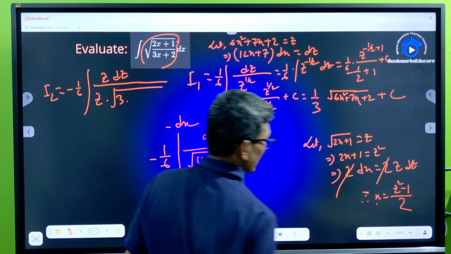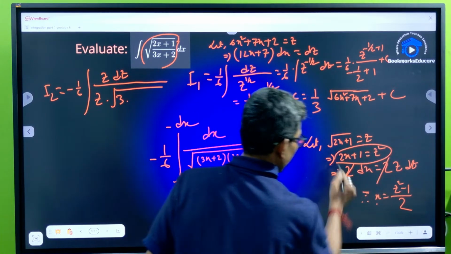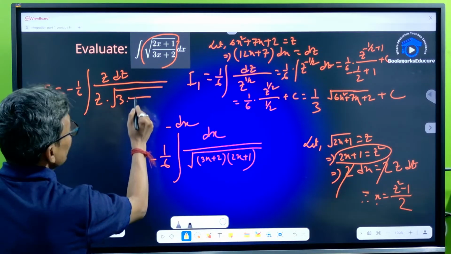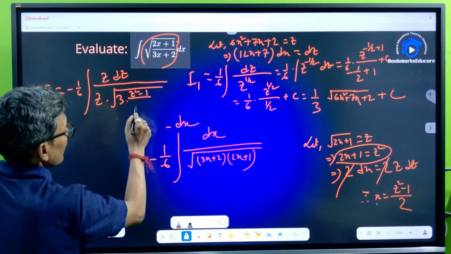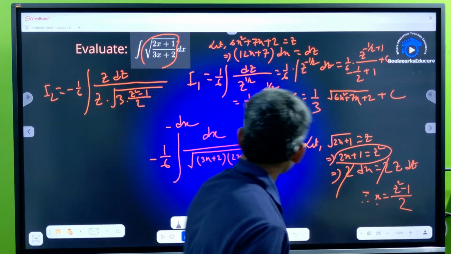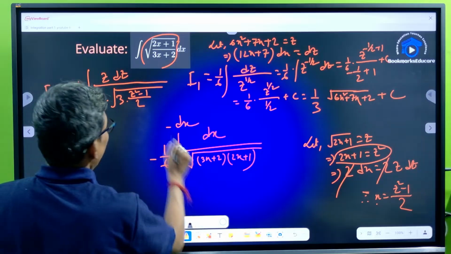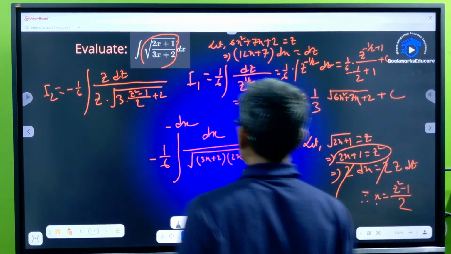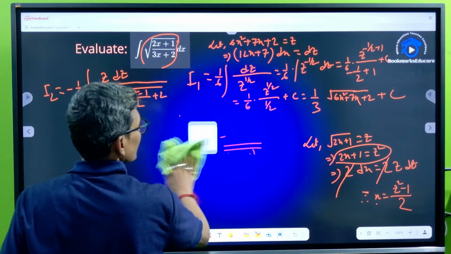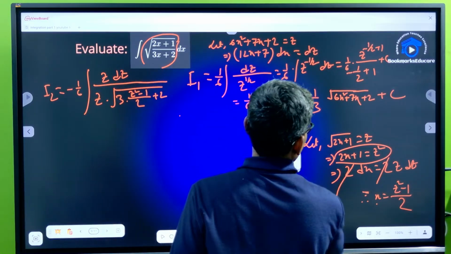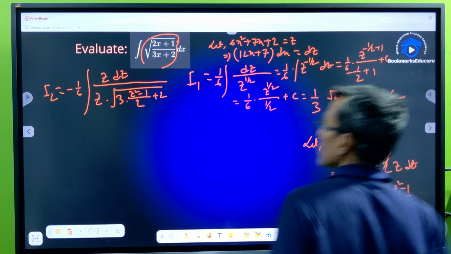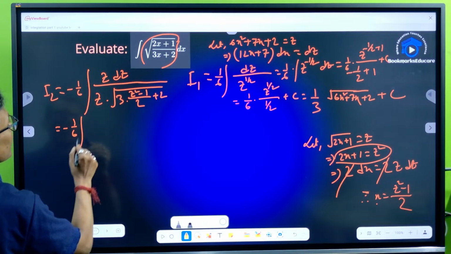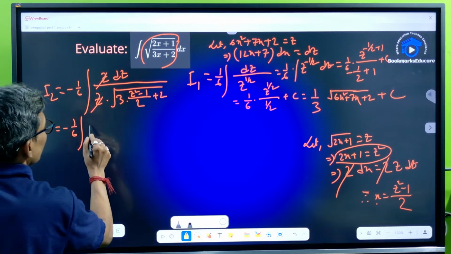We can find out the value of x from this portion. Okay, so z square minus 1 by 2 plus 2. So minus 1 by 6, z will be eliminated.